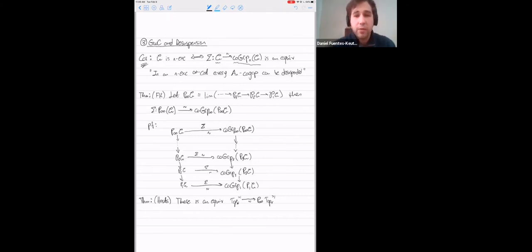And so now using this, I can try to transform this into a desuspension result about actual topological spaces, not just a result about Goodwillie calculus.